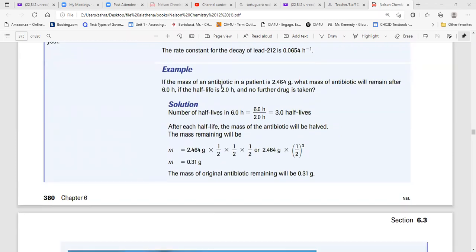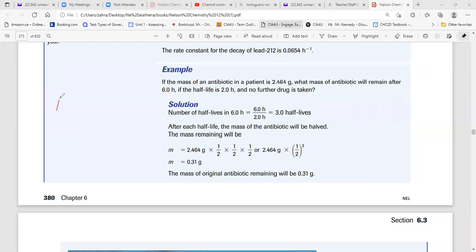If the mass of an antibiotic in a patient is given, what mass of antibiotic will remain after 6 hours if the half-life is 2 hours and there is no further drug? So what can you do?